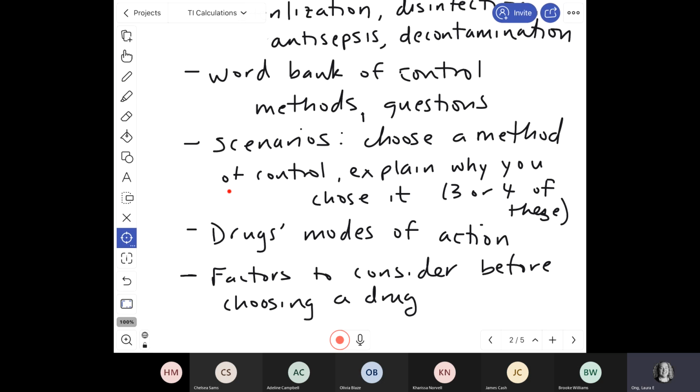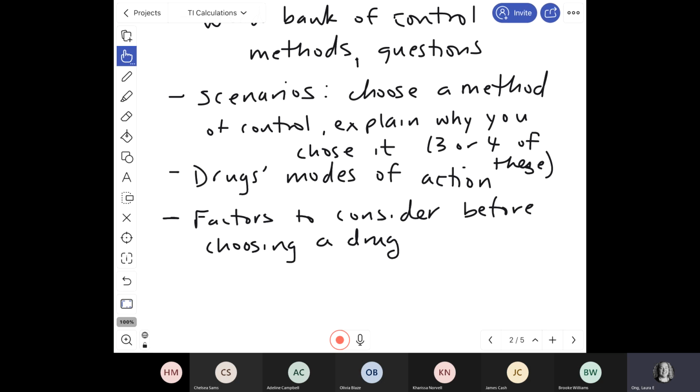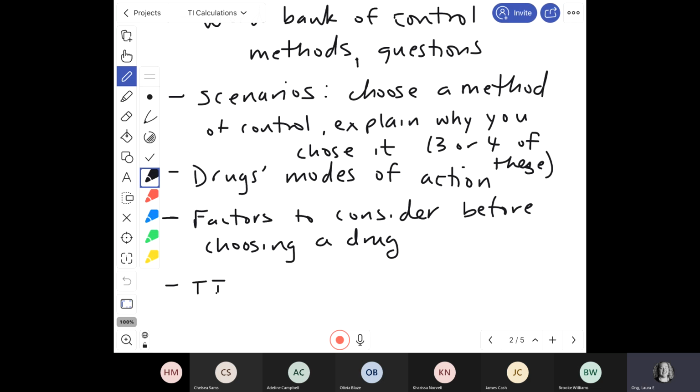So these two things were what we talked about last Friday. And then the last big section on the new part of the final is therapeutic index calculations, which we will be doing at the end of today.